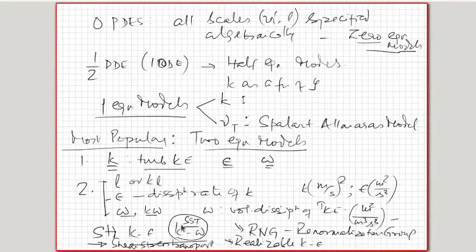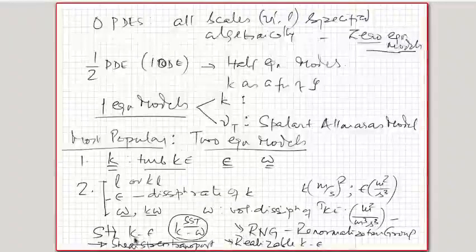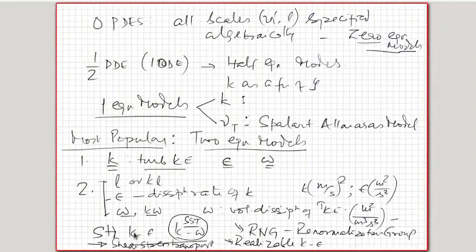So you have various different variants of these models. Some of them are applicable only to free shear flows or non-wall bounded flows, but are also applied to wall bounded flows with some compromise, and some of them are more suitable for recirculating flows or adverse pressure gradient flows and so on. So you find a whole variety of those models.